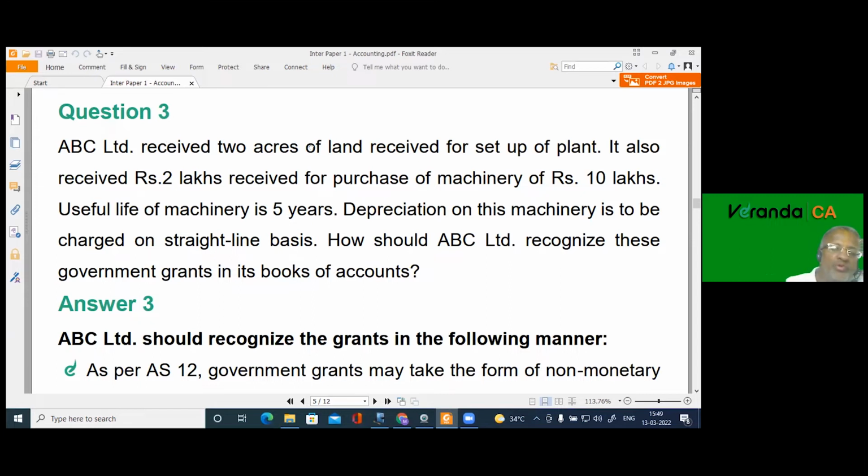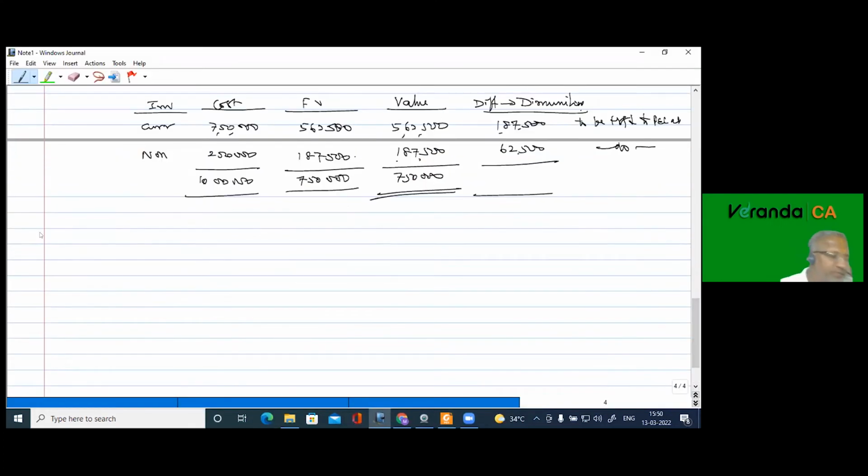So they received 2 acres of land for setting up a plant, which is a government grant. That is what you have to understand. Then 2 lakhs of rupees for purchase of machinery. So there are 2 government grants that you have. Government grant is dealt with in AS 12. Question number 3. Grant: one is land, the other for PPE, machinery.